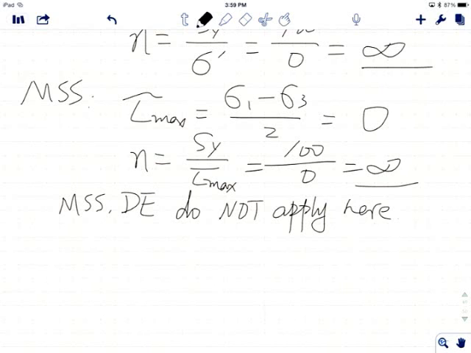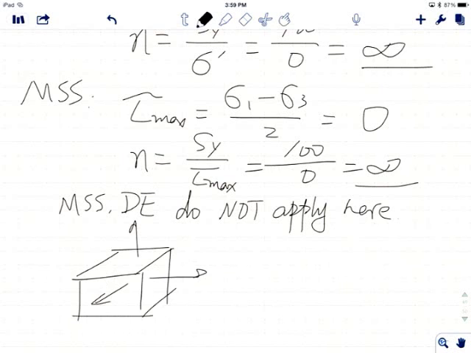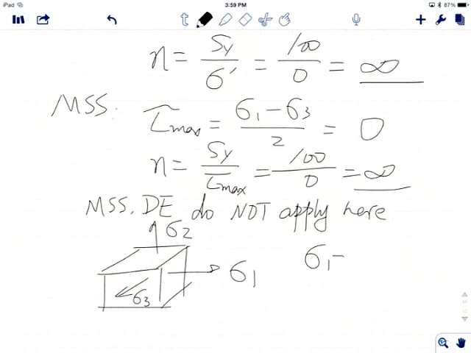No, right? Imagine this: if you have a cube made out of whatever material, for example, made out of plastic. If sigma 1, 2, and 3 equal infinitely large values, of course it's going to cause failure, right?